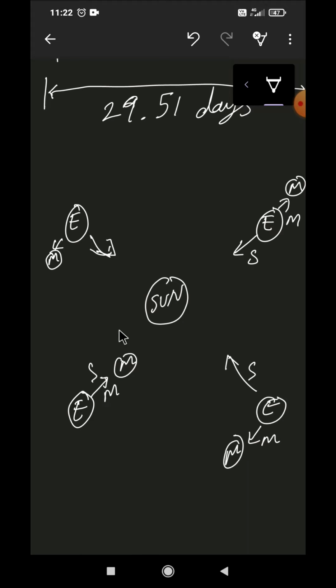So the surface which is facing the Moon will have a greater effect than the other surface which is not facing. So the force of attraction of the Moon is 4.6 times that of the Sun.